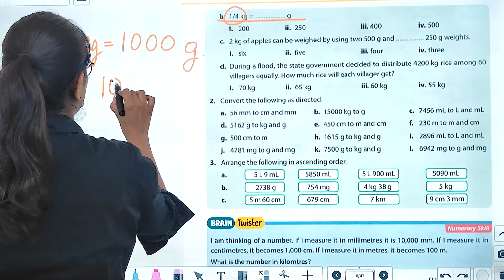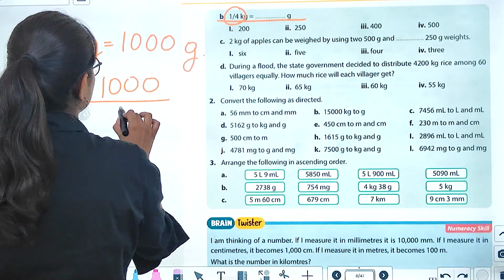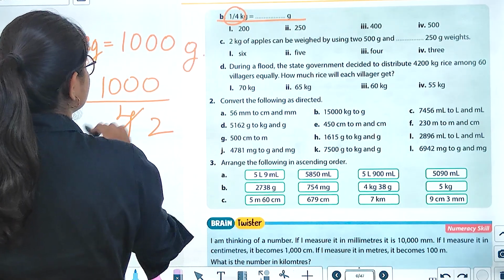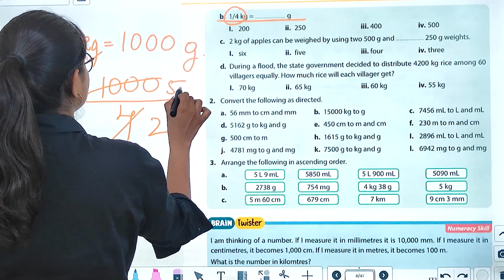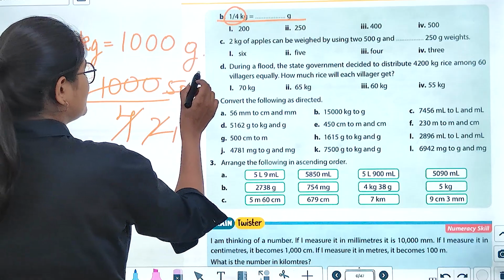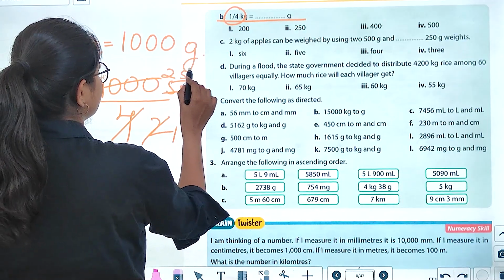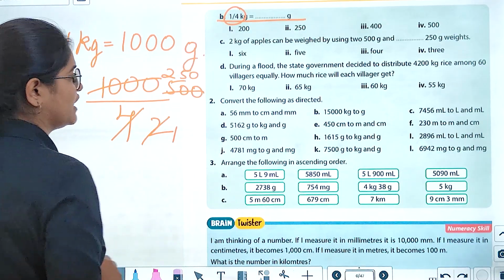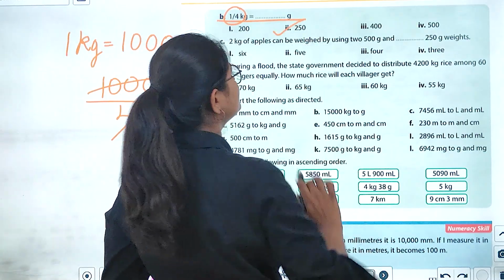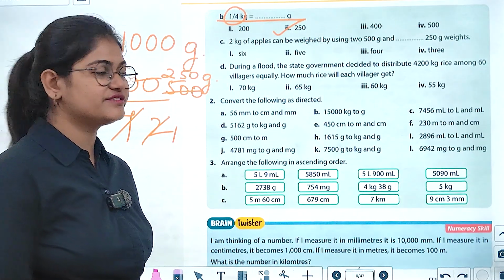So that means we will divide 1000 grams by 4. So 4 2s are 8, and 2 500s are 1000. 2 1s are 2 and 2 250s are 500. So that means 250 grams. Hence we get the answer 250 grams.